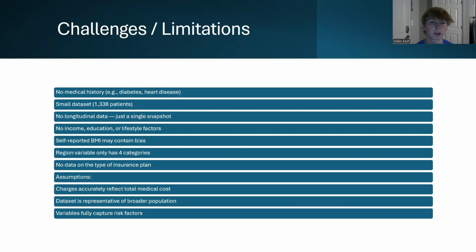The region variable only has 4 categories. There are more regions in America, but this one's only split into 4. And then there's no data on the type of insurance plan that people are paying for, just all one insurance plan. And then some assumptions we can make: charges accurately reflect the total medical cost, the data set is representative of a broader population, and variables fully capture risk factors.